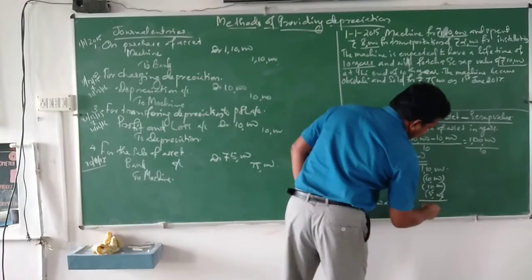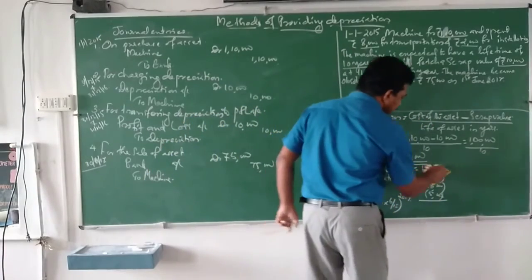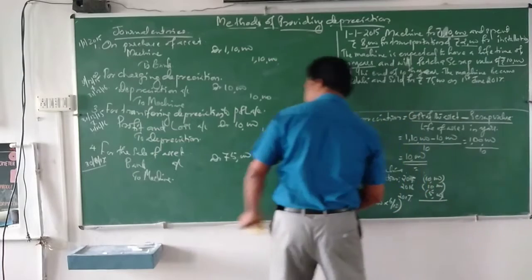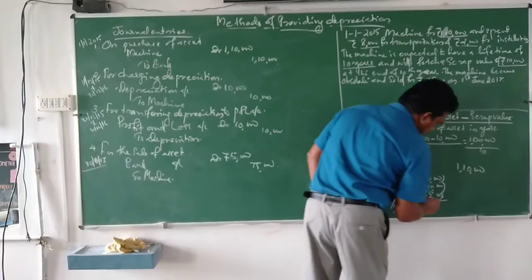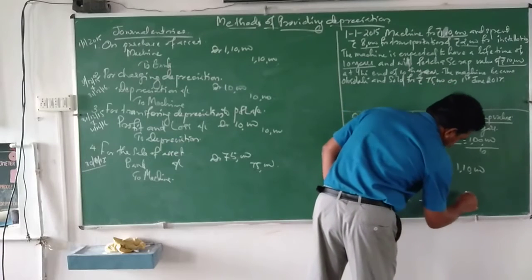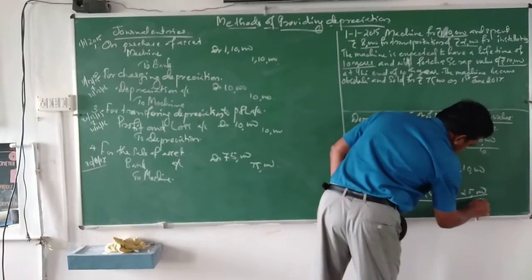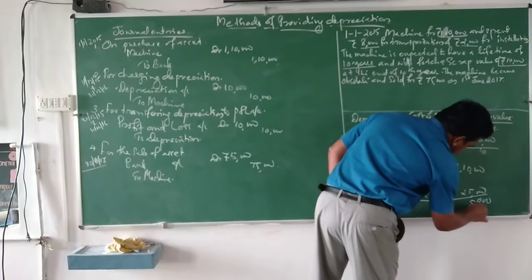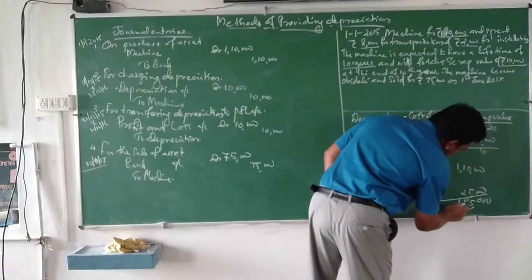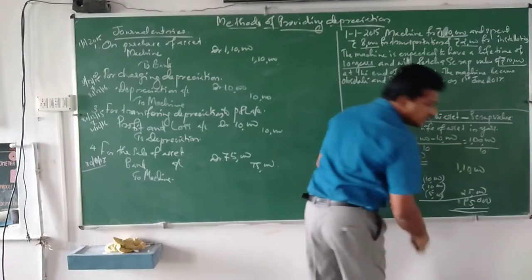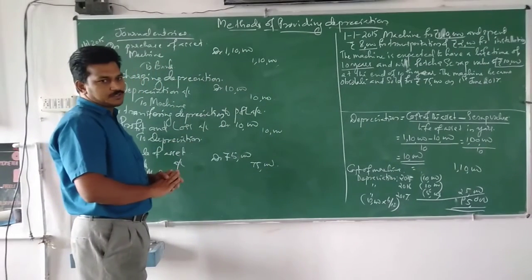So how much is to be deducted? We have to deduct the total amount, 1,10,000 minus 25,000. So we can write 25,000. 85,000 is the value of the asset.